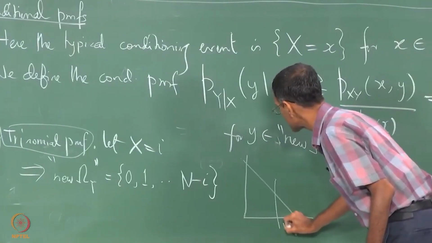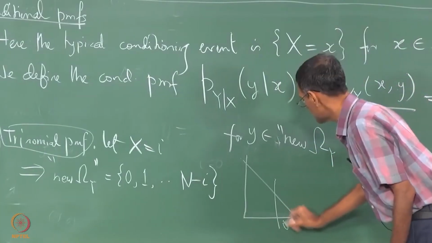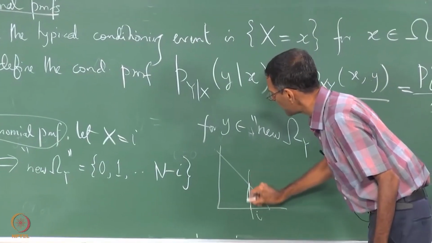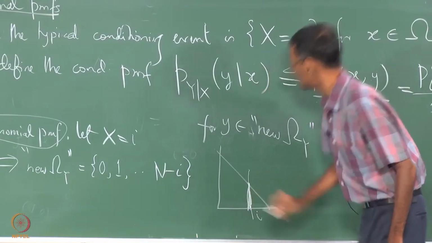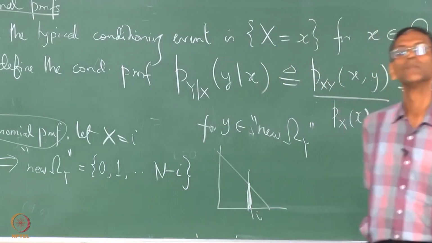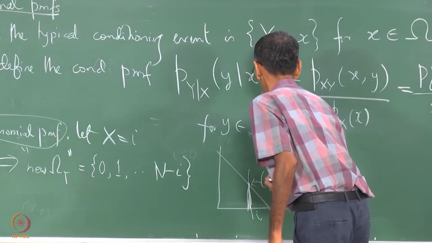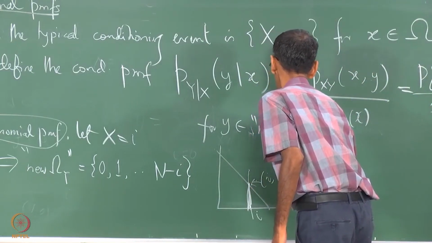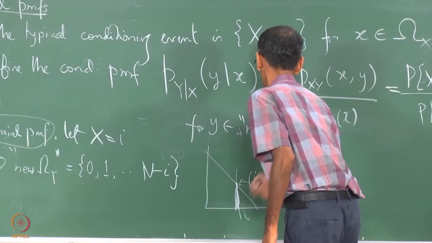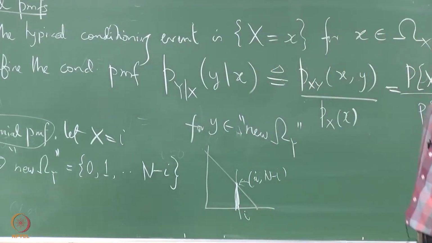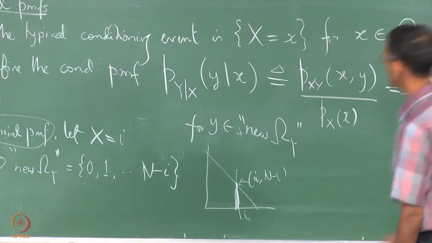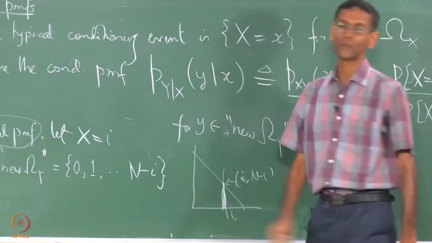If I say X is i, this particular i, that means I only have this much freedom for y, and so here I have the point i comma n minus i. I do not have the full freedom of allowing y to vary from 0 to n.